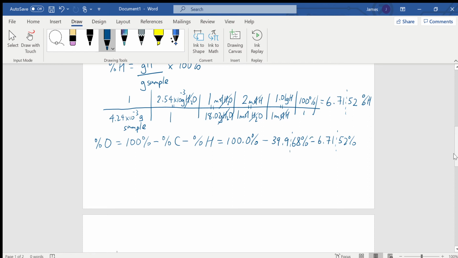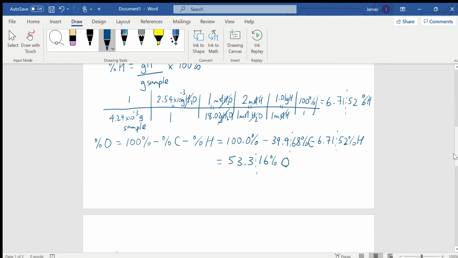So that was the percent carbon, that was the percent hydrogen. So that equals 53.316% oxygen.